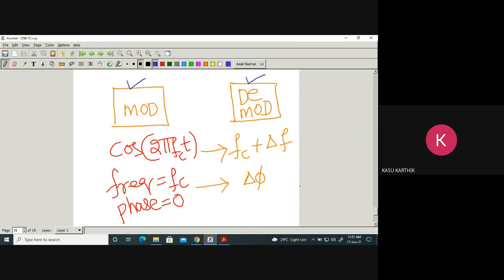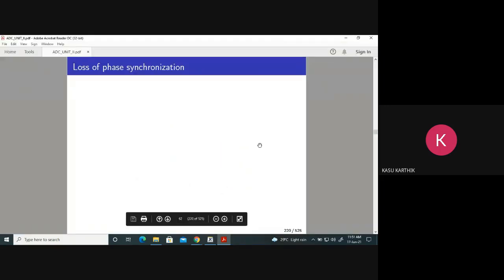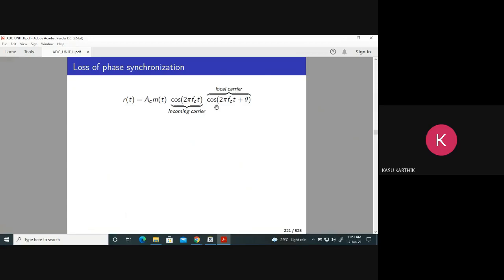Let me take a brief review. Here the incoming carrier is Ac cos 2π fc t, but the locally generated carrier has a phase mismatch. Here the phase is 0; here I have phase theta, which is not 0. Let us assume that.